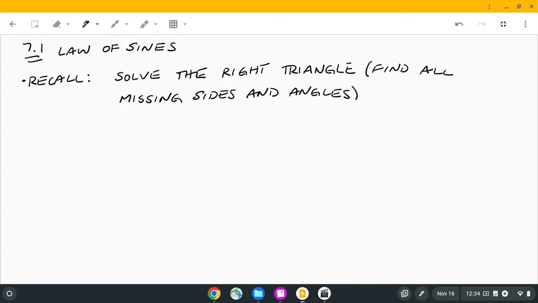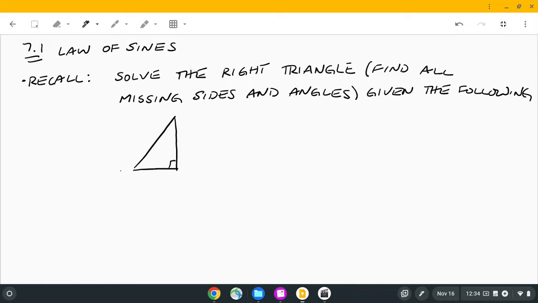Sometimes you're given a triangle, sometimes you're just given measurements.